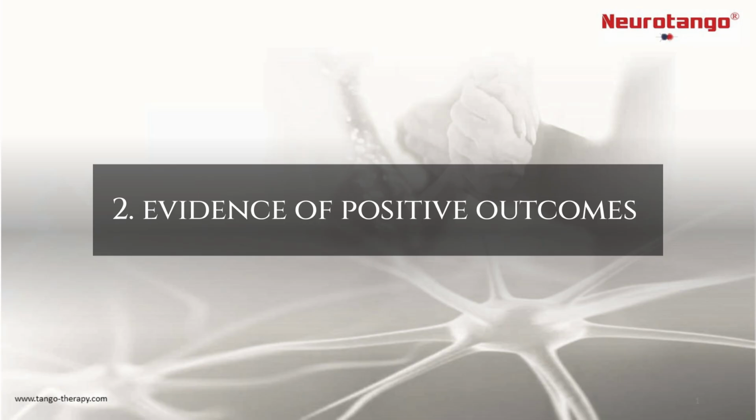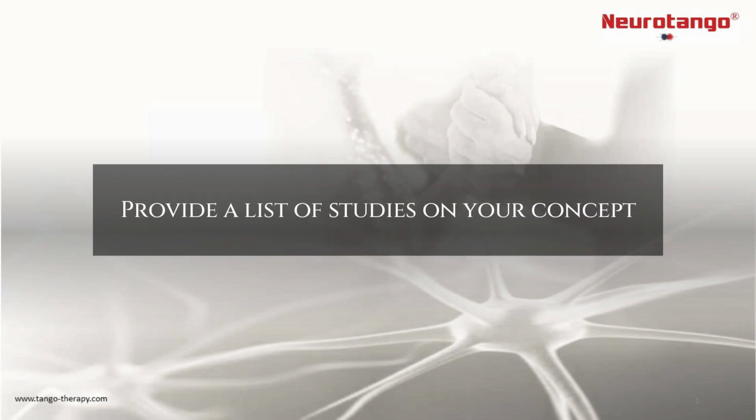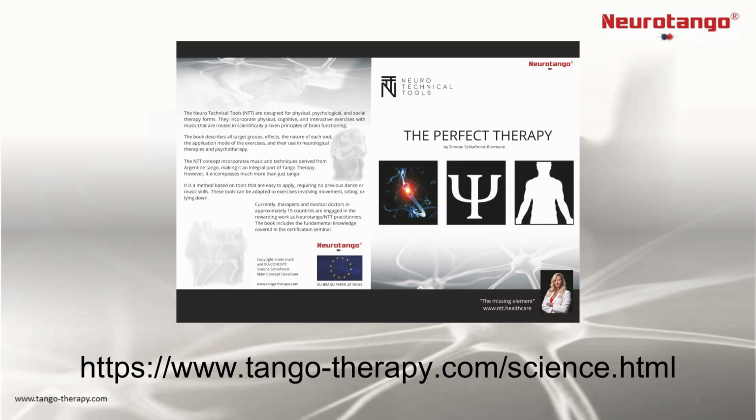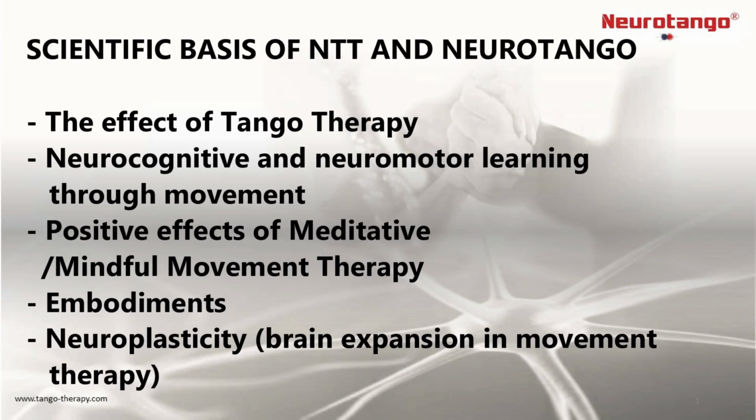It can be very effective to hand out a printed overview of relevant studies that support the benefits of tango therapy. You will find these studies on our official website in the Science section, in the appendices of both reference books, and in our school group. When you speak about research, it is important to explain that the evidence is not based only on studies focusing exclusively on tango therapy, although such studies do exist, but also on scientific research into each individual component that contributes to improving symptoms.